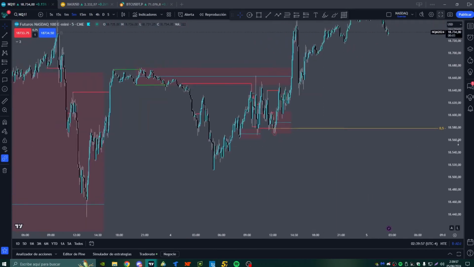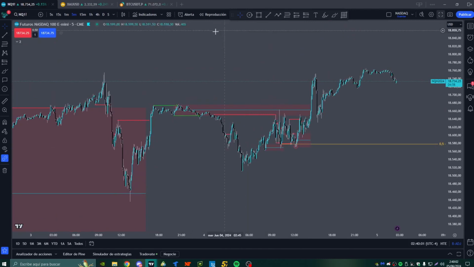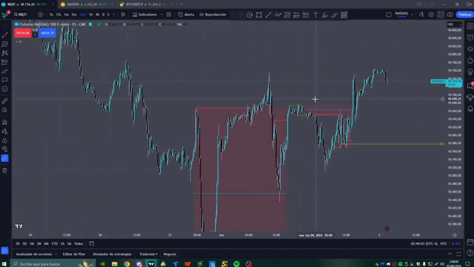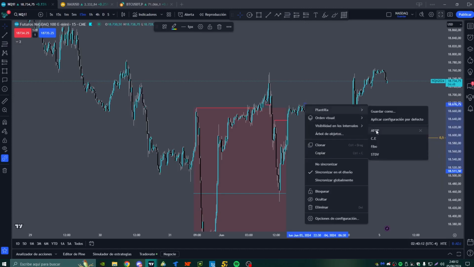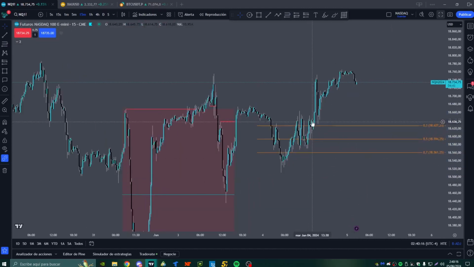If we continue taking the areas as we were taking them now, we have a larger area. We have all this area from this low to this high. We have 30% of it as the responsible one, right?